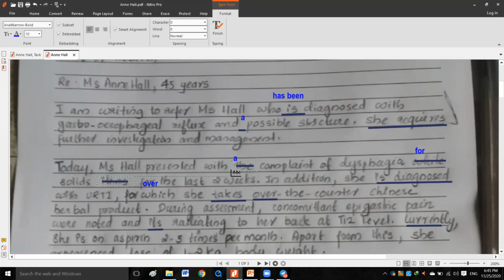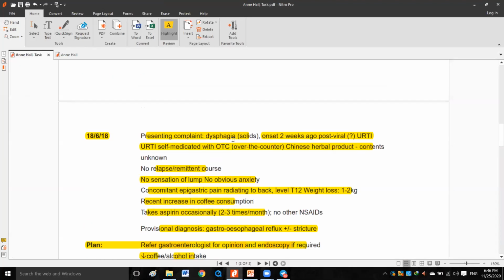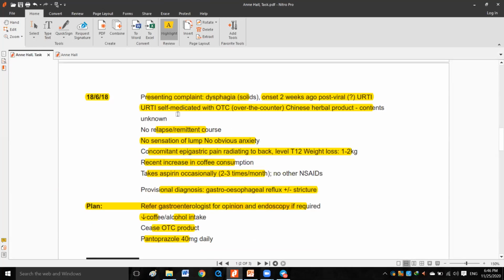So: Ms. Hall presented with a complaint of dysphagia for solids over the last 2 weeks, just after she had urinary tract infection, for which she takes over-the-counter Chinese herbal product, and in the writing task, self-indicated over-the-counter, contents unknown.